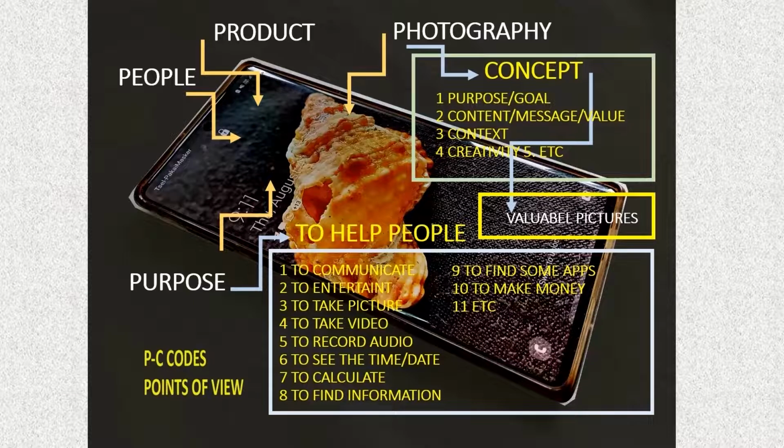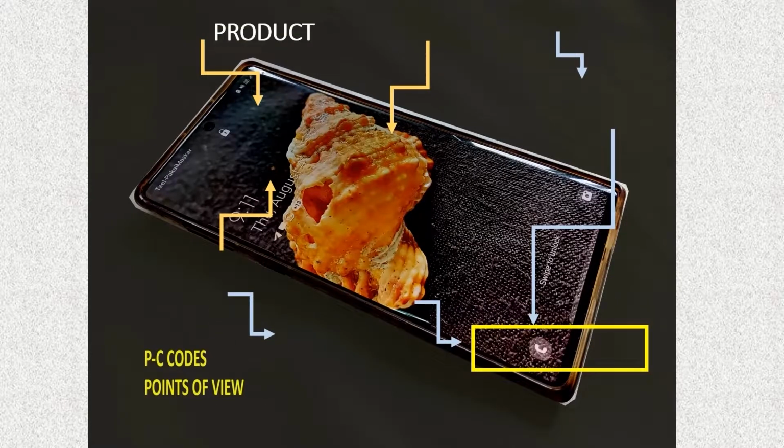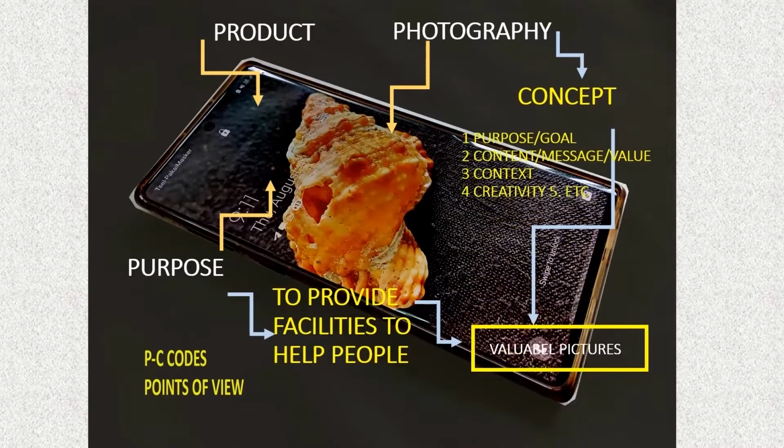And then the concept about creativity also, etc. Now we discuss specific with product here, with the purpose to provide facility to help people, especially for photography, so we can create valuable pictures, again with the concept. So this device provides facilities for us to do anything based on our ideas. As long as we have ideas, we can do something.